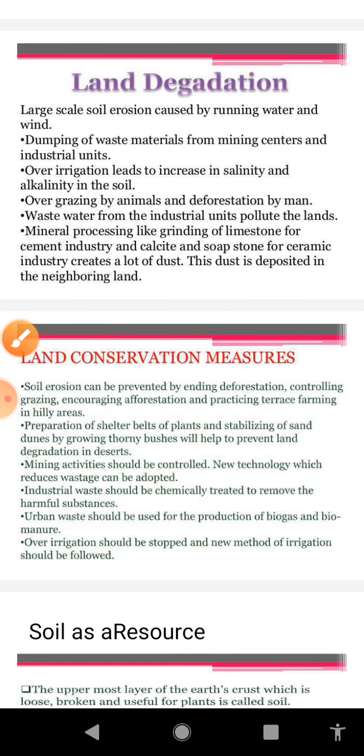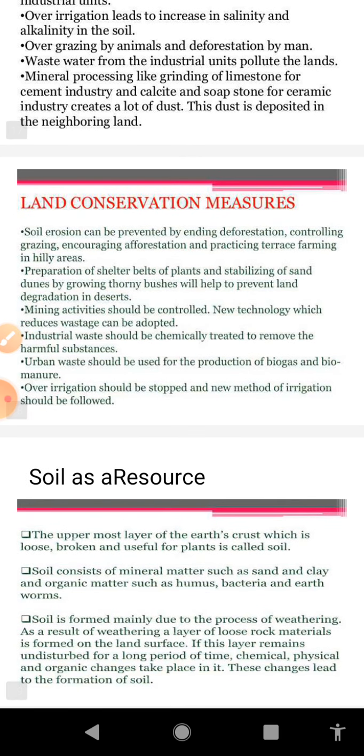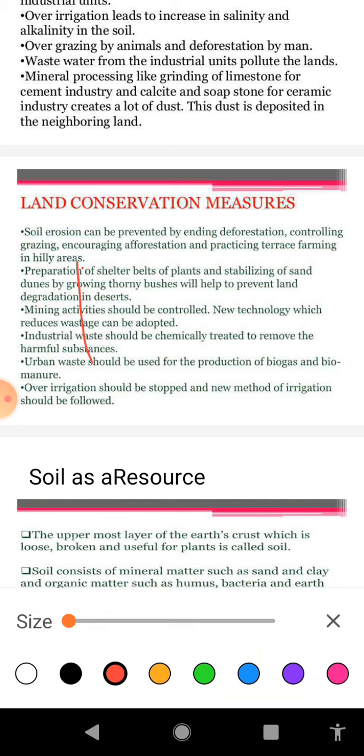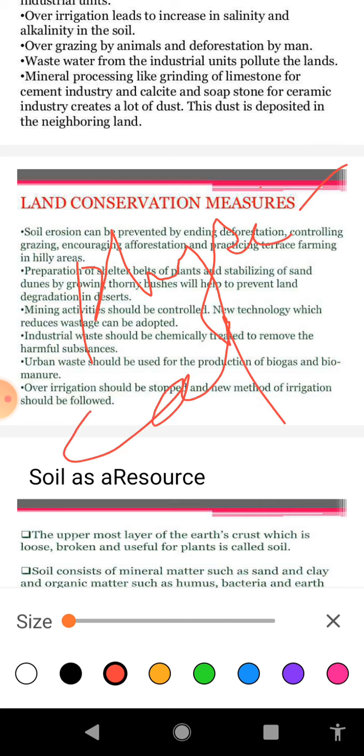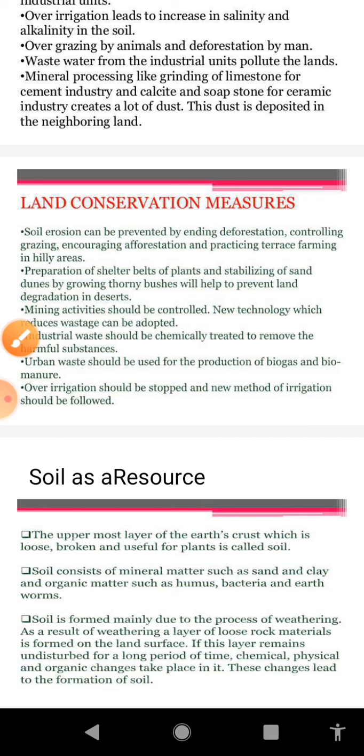Then with regard to the factors, different factors are there which are influencing the land use pattern in an area. First one is the physical factor, and second one is the human factor.